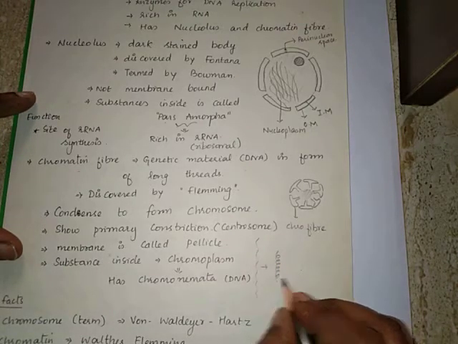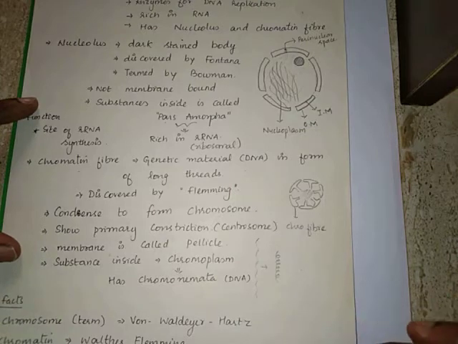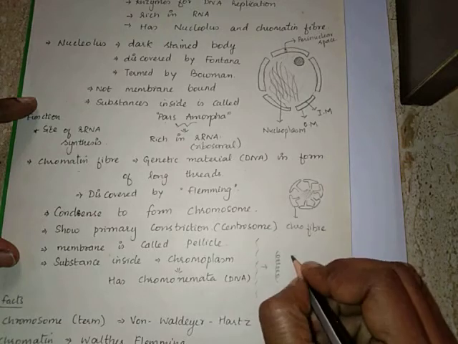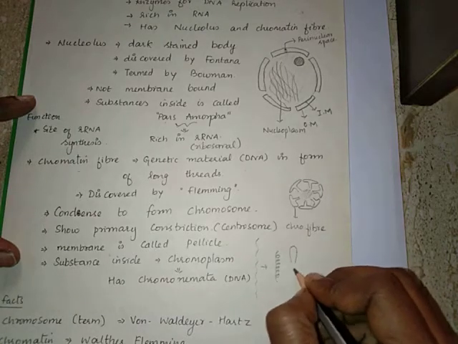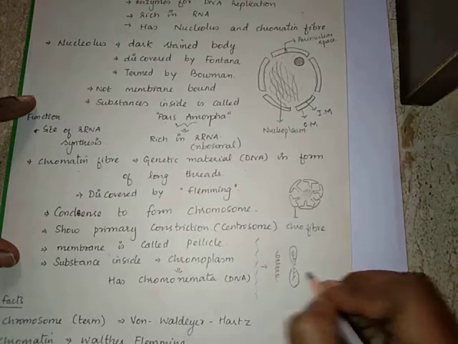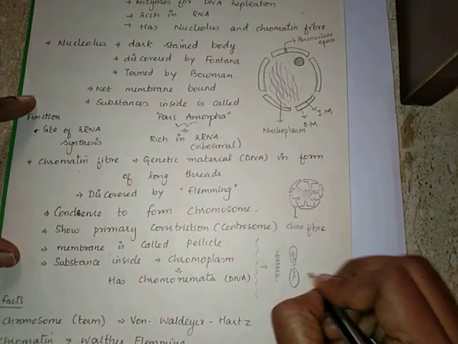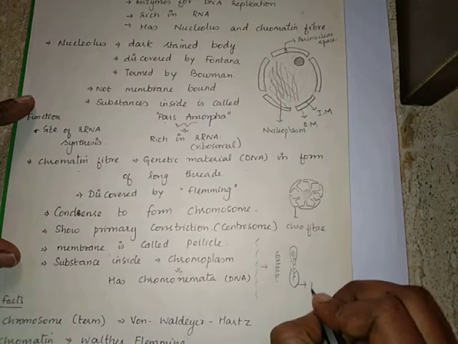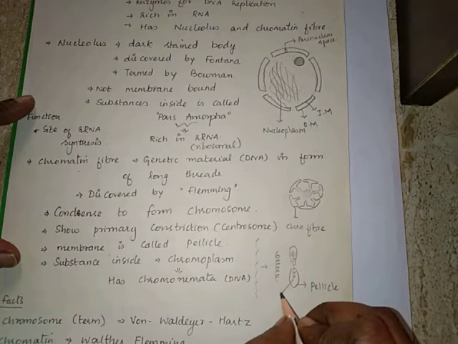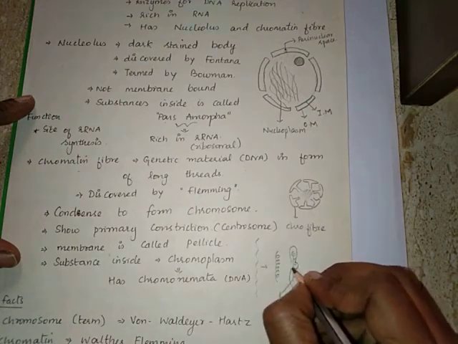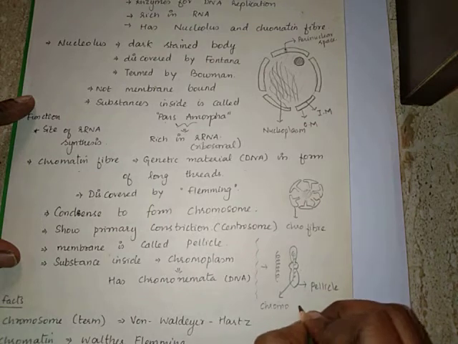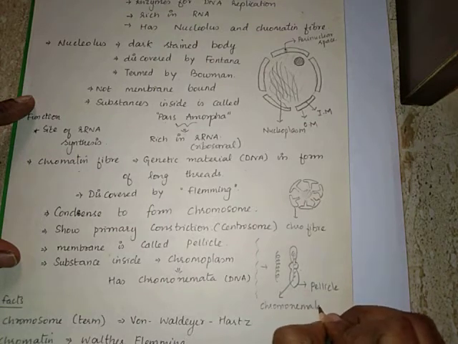It undergoes condensation so that their size is highly reduced, and once they get reduced in their size after condensation, they develop a protein cover outside them. So it is going to be the condensed DNA that is found inside, and they form a protein cover outside them. This protein cover is called as pellicle. And this condensed DNA found inside the protein cover is called as chromonemata.